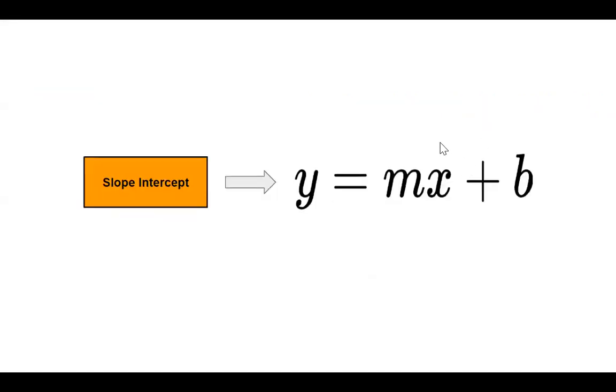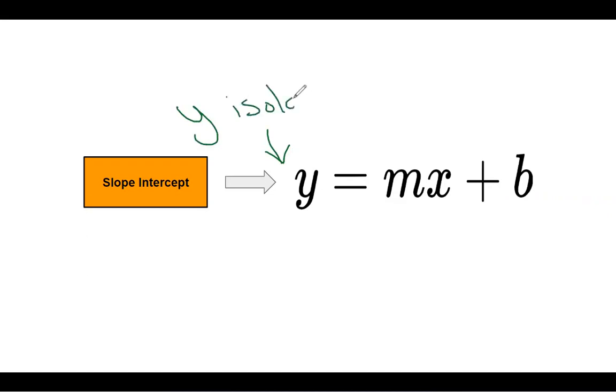Now I'm going to start with slope-intercept form. This one states that we have y equals mx plus b. In this form, y is isolated, meaning that we solved for y, and the rest of the terms of our equation are on the right side.